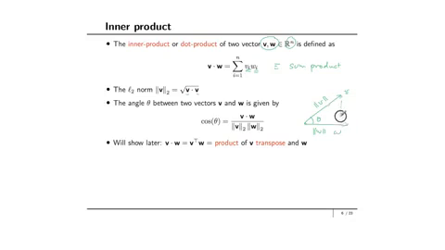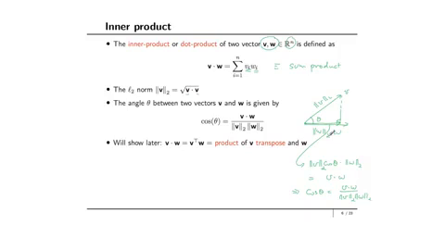If you drop down an orthogonal point over here, this component is exactly equal to the norm or length of v times cosine of theta, and that I'm going to multiply with the length of w, and that should give me v dot w. This ends up giving me that cosine of theta is exactly equal to v dot w divided by the norm of v and the norm of w, or the length of v and the length of w. And to emphasize the fact that these are all 2-norms, I'm just going to put a 2 there.